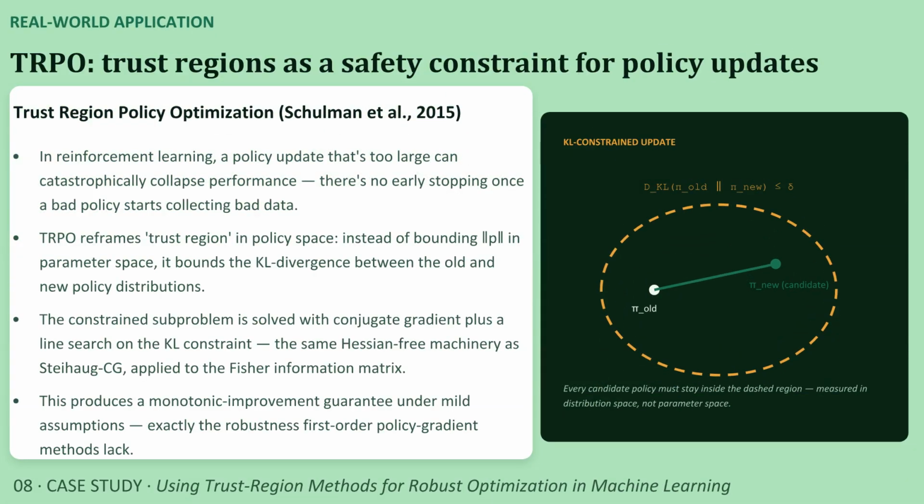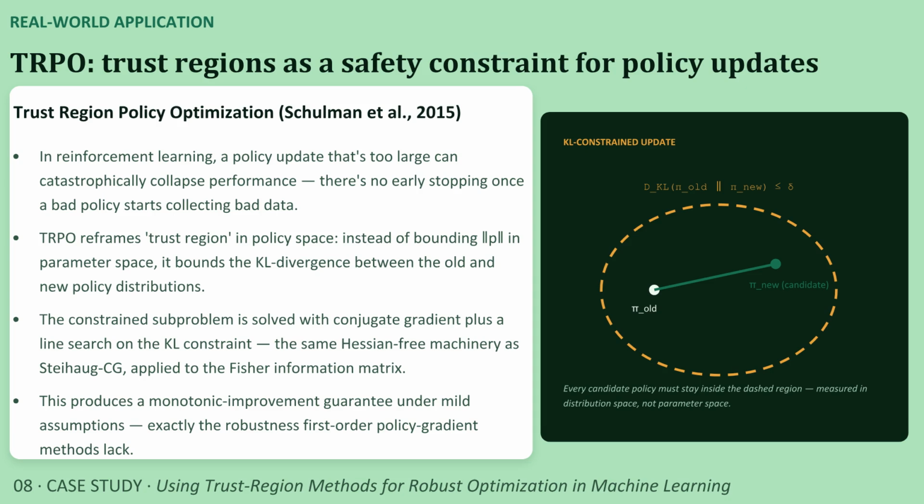Let's ground all of this in a real, named production system: Trust Region Policy Optimization, or TRPO, introduced by Schulman and colleagues in 2015. In reinforcement learning, a policy update that's too large can catastrophically collapse performance. And there's no early stopping once a bad policy starts collecting bad data, because the agent keeps generating its own, now corrupted, training data.